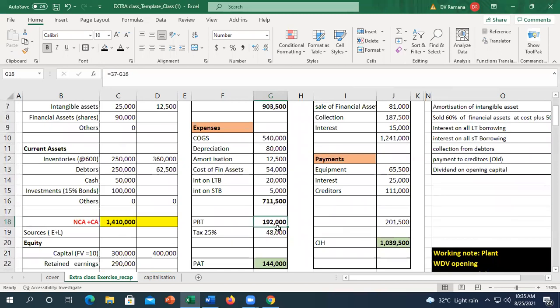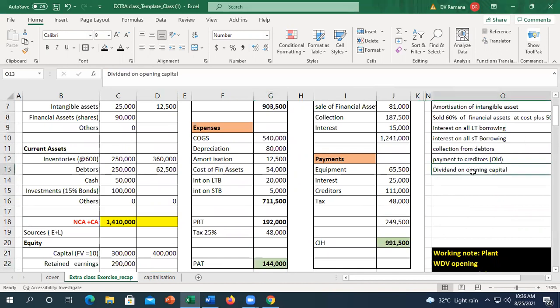Even if not mentioned, we make an assumption that there is a 25% income tax on this profit. So the tax is equal to 25% of the PBT. And let us assume that tax has been paid, because we have sufficient cash. So we pay 48,000 tax also. PBT minus tax is PAT, which is profit after tax.